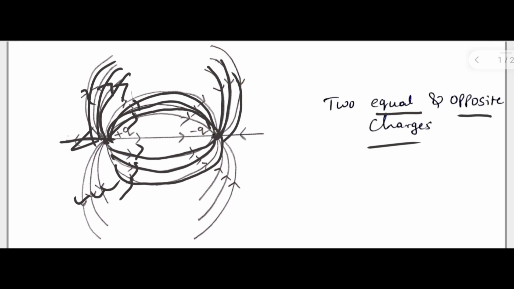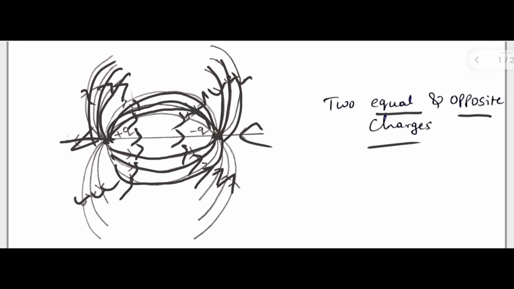For this positive charge the direction is outward, which we already mentioned, and for the negative charge it is inward. Outward for positive and inward for negative. Like that we have to mention the direction for all possible electric field lines.